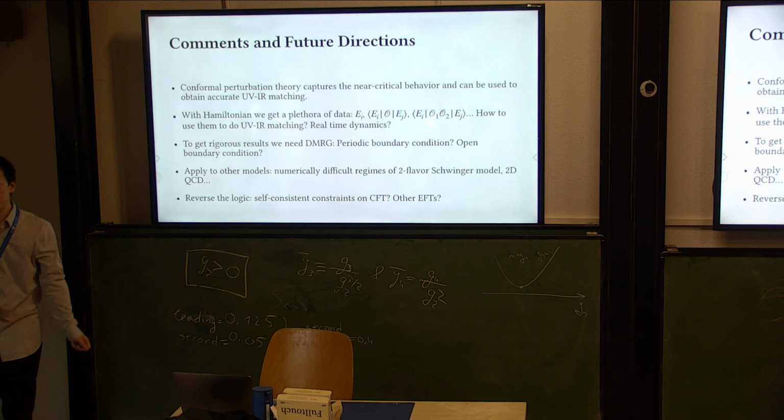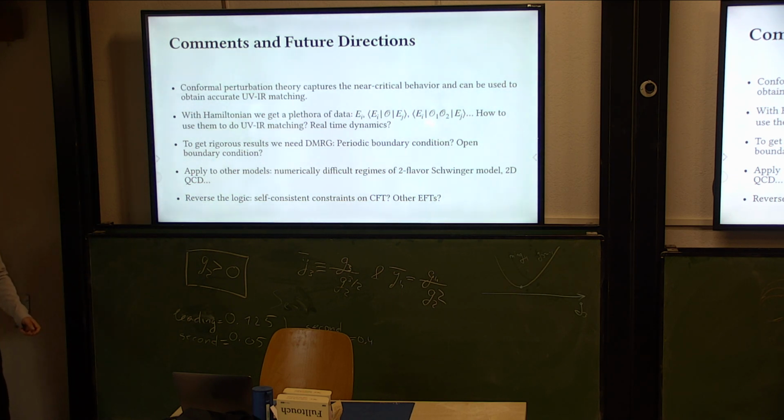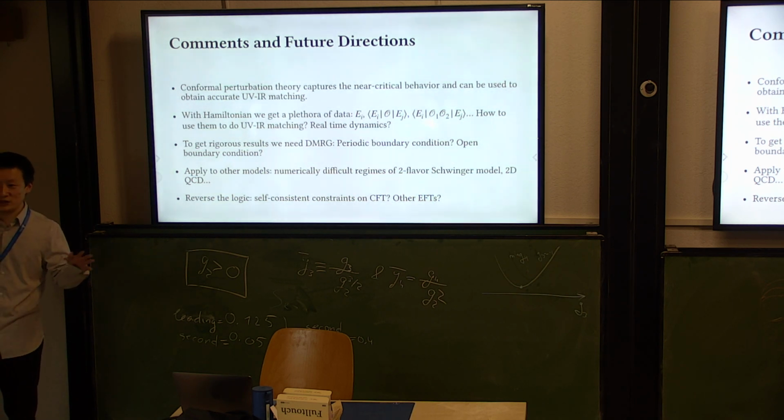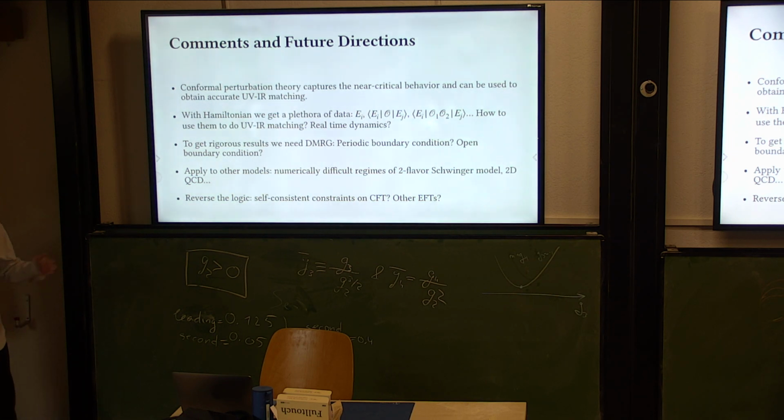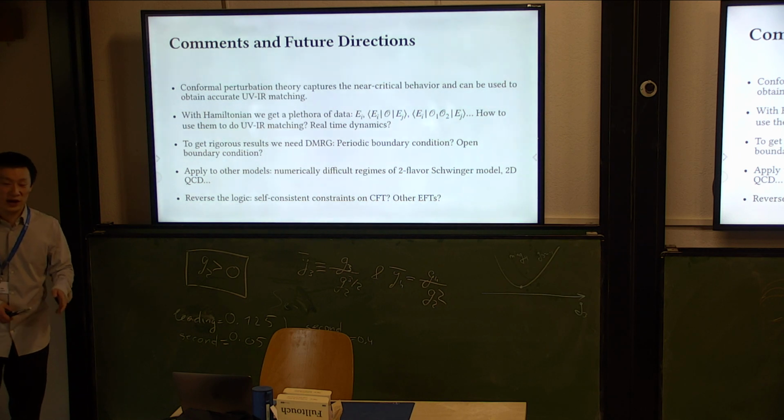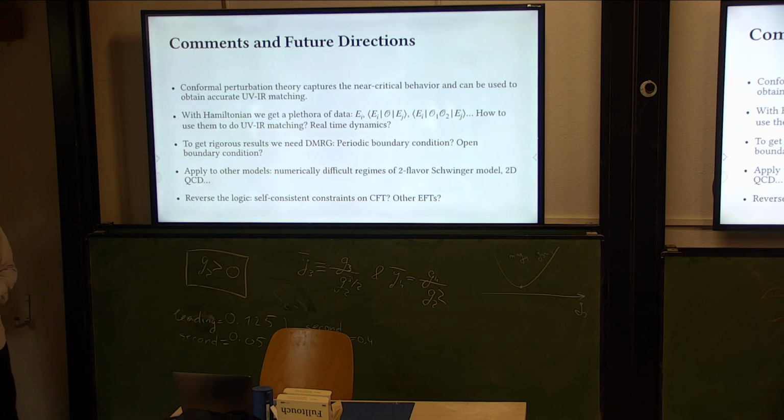But if we understand things better in open boundary condition, then maybe one day we can do a conformal perturbation study for open boundary condition as well, which is going to give us a lot of new and interesting structures such as deformation or topological order. So it will be quite interesting to do it. And on the technical side, DMRG with open boundary condition usually works much faster than with periodic boundary condition, so we'll get a benefit there as well.